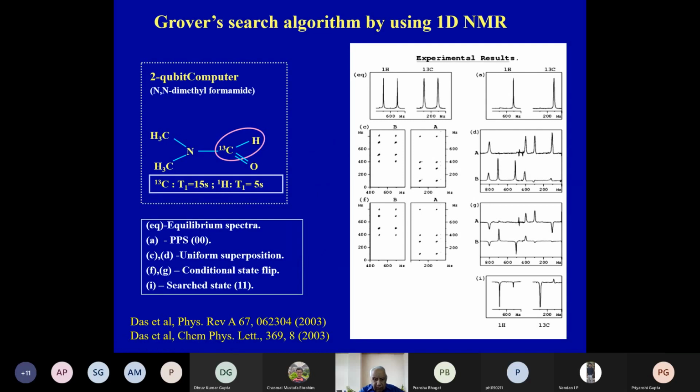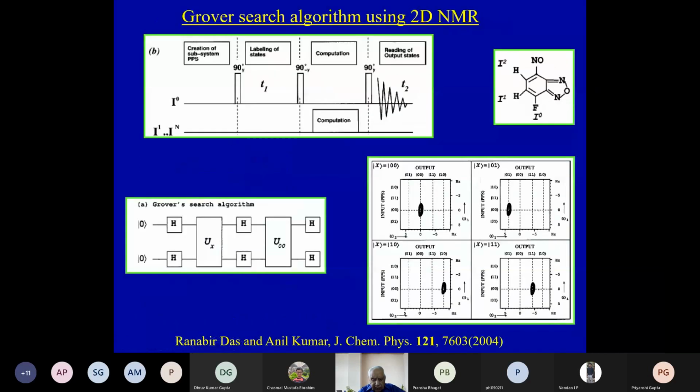This is a 1D version of the Grover search algorithm using 1D NMR. There is a lot of explanation here. I will skip this and just show you a 2D version, the Grover search algorithm using 2D NMR. You don't have to see all of what is written here right now. Just look at the result. Here is the input state, here is the output state.